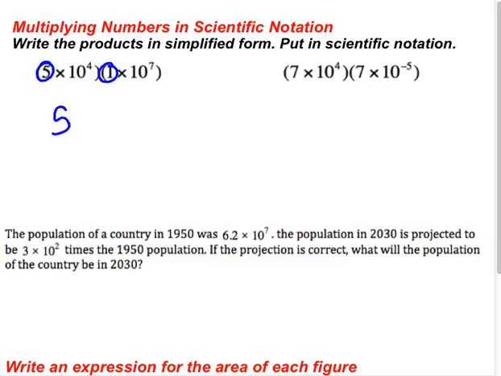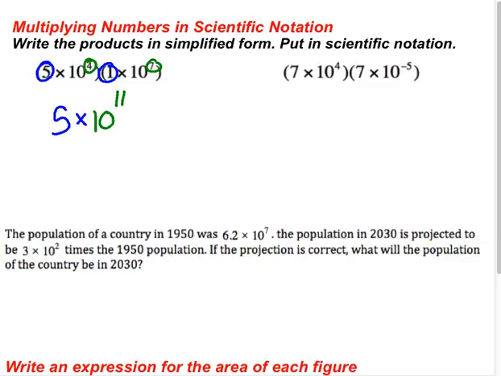So 5 times 1 is 5. And what's my new power of 10? Well, now you add the exponents together. Okay? So exactly the same rules as we've been using, just I wanted to make sure to explicitly show you in terms of scientific notation.